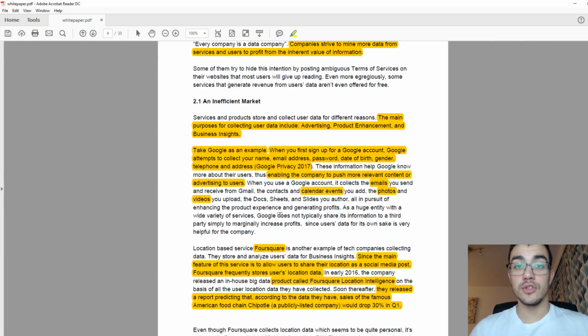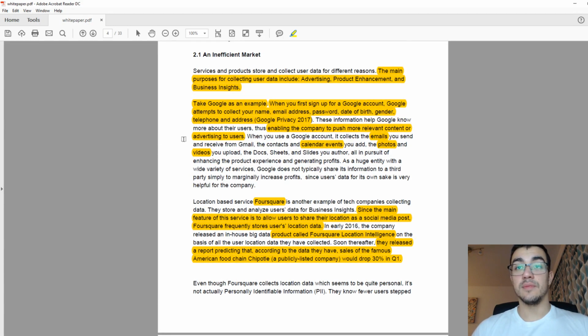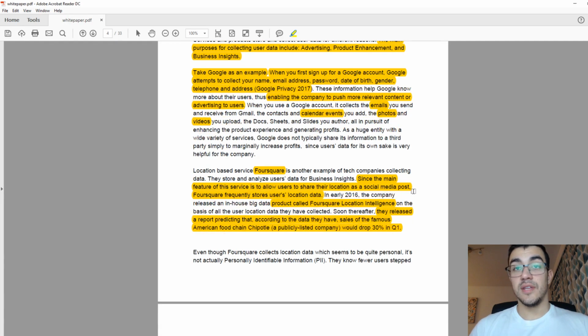Another example is Foursquare. The main feature of Foursquare is location data, giving companies data on where their users could be. A product called Foursquare Location Intelligence. This company in 2016 released a report predicting that, according to the data they have, sales of the famous American food chain Chipotle would drop 30% in Q1. And this happened.